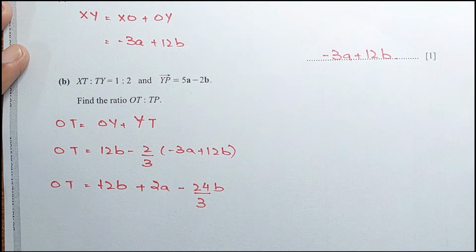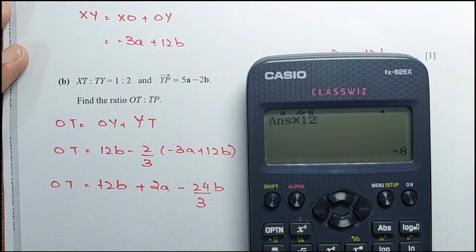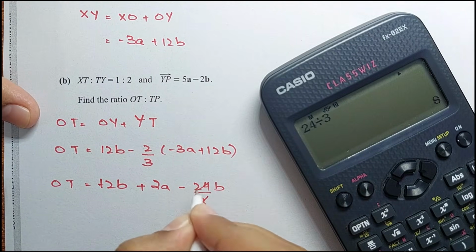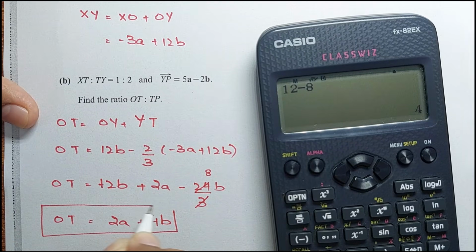Okay. Right, minus 2 by 3 times 12. Yes, this is 8. And we have 12 minus 8 is 4. 2a plus 4b. This is my OT.